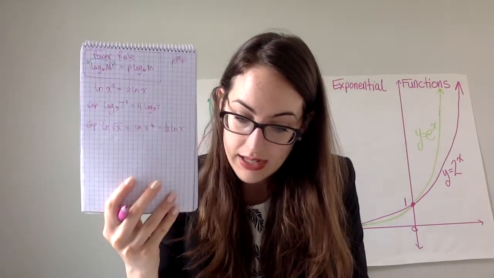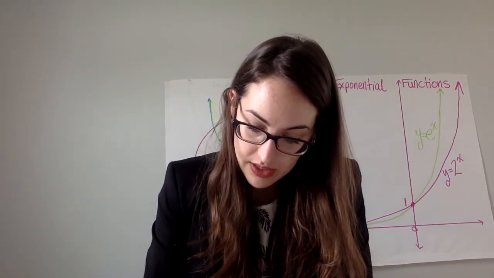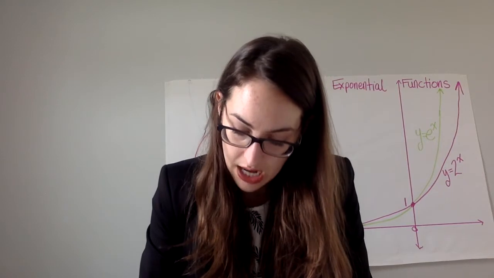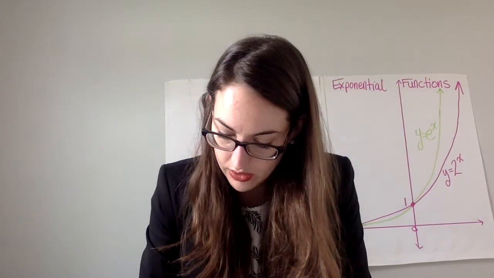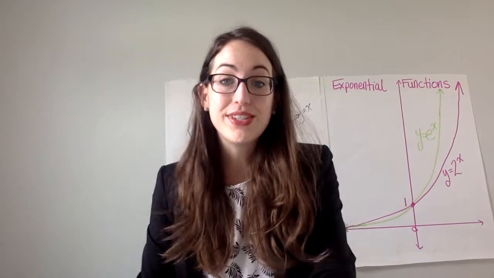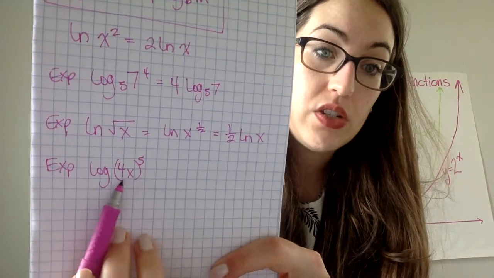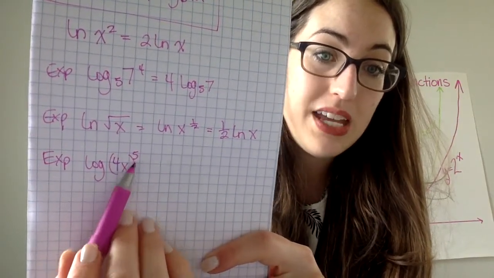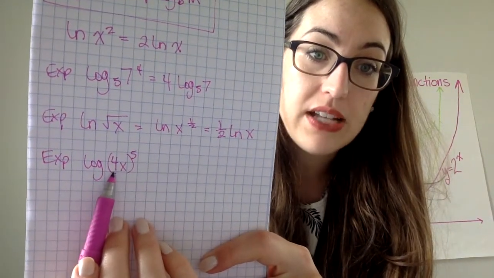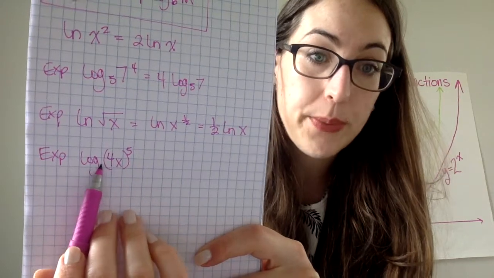Okay, last one. What if we have a couple variables in there? What if it's not just a 7 or just an x? Let's do a 4x. Okay. Parentheses are our friend. They tell us so much information. So the parentheses are around both the 4 and the x. That means both the 4 and the x are being raised to the 5th. That's like 4 to the 5th times x to the 5th if we were to rewrite it, okay?